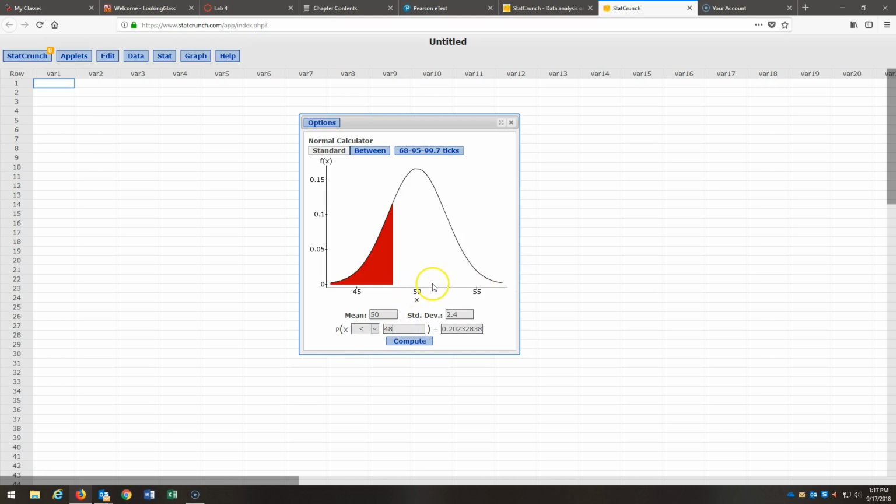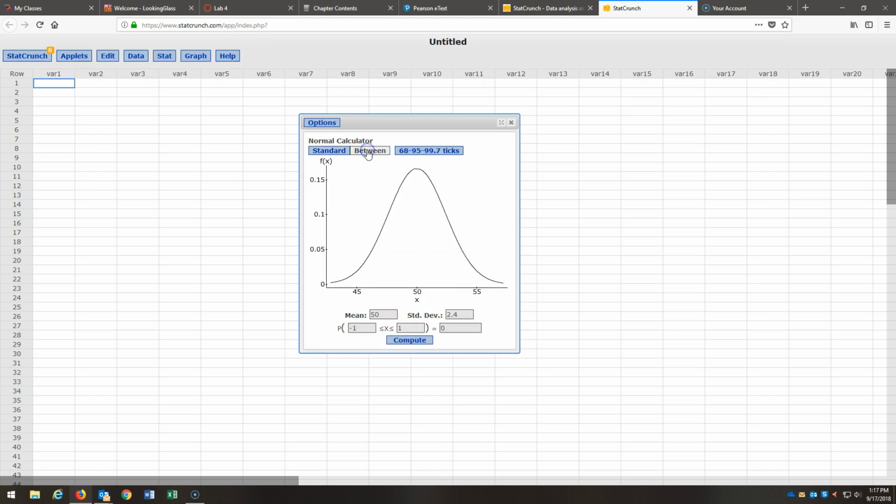And what we see here is we have a shaded region. We're calculating the probability that x is less than or equal to 48, which is equivalent to the area that's shaded here. We can also switch that to calculate the probability that x is greater than or equal to 48, and that would be the complement, or 1 minus the previous value.